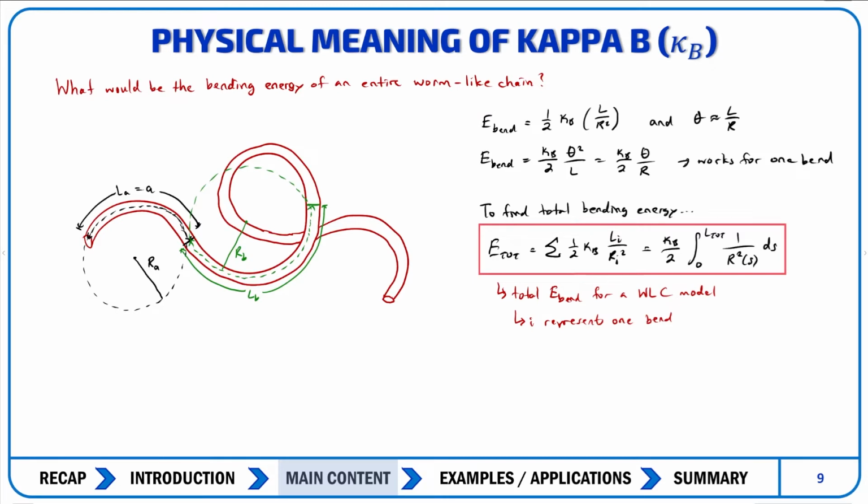So now I've taken into consideration two bends within the worm-like chain model. The next one is going to be here. So I'm just going to assume this is like a perfect circle, like that. And so the length would go to here, and we would have an entire loop based off of this. So this would be RC, and you would have the length along this being LC.